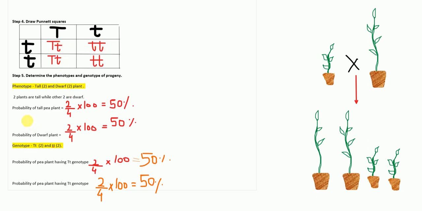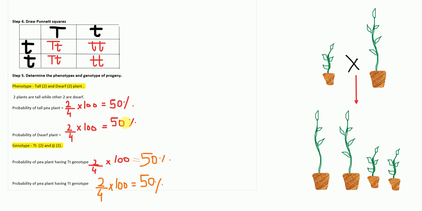So the probability of tall plant, we are having 2 probability out of 4. So we'll get 50% of the progeny are tall, and similarly by this logic we'll solve the probability of dwarf plants also. We are having 2 out of 4 possibility that the plant would be dwarf, and we again get 50%.